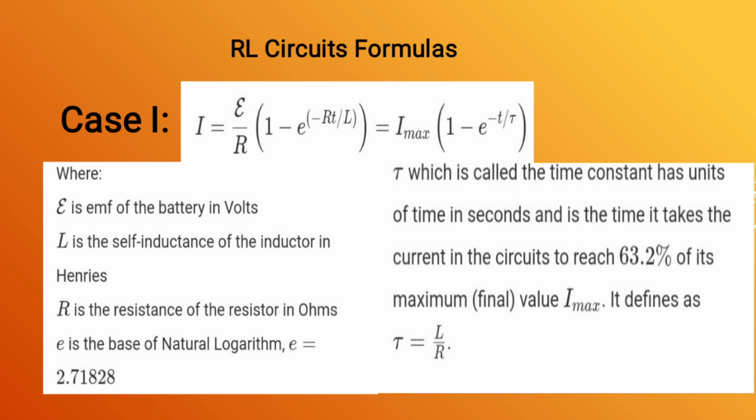It is defined as T equals L over R. In case 1, if we have a single loop circuit in which components R and L are connected to a battery with electromotive force, then the current in this RL circuit is obtained by the formula.